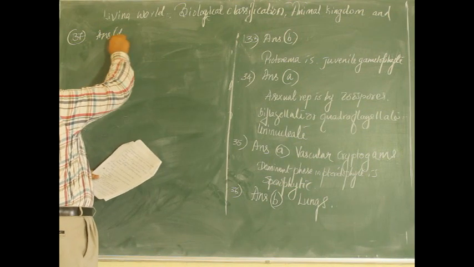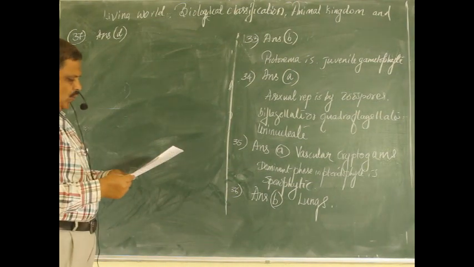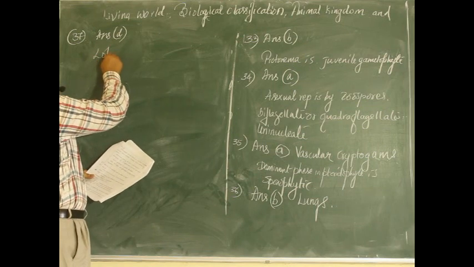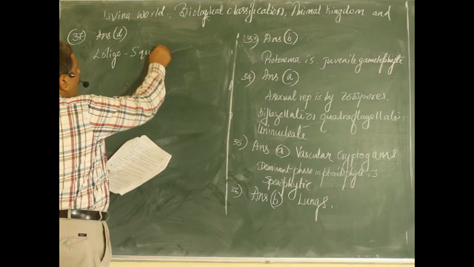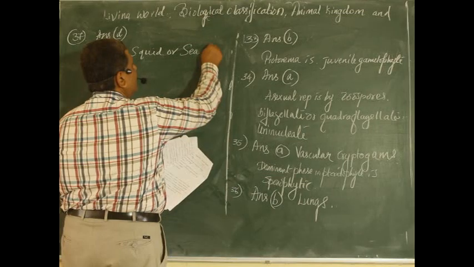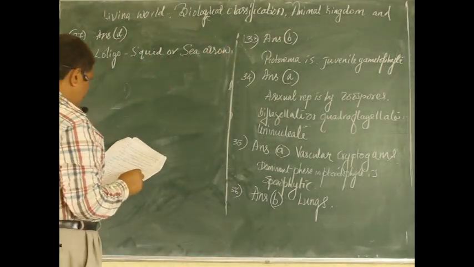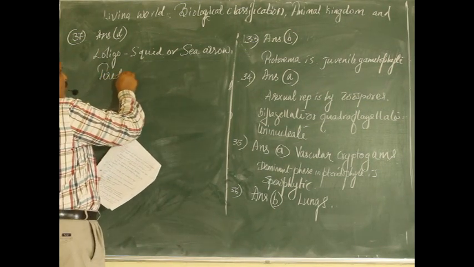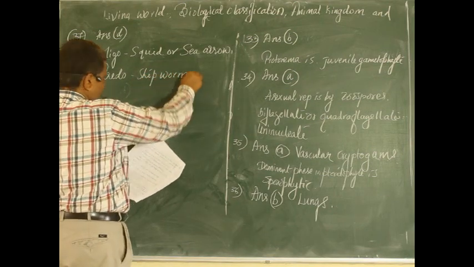Answer is option D. What is Loligo? It is squid, or it is also called sea arrow. Teredo, you should know the other name, is shipworm.